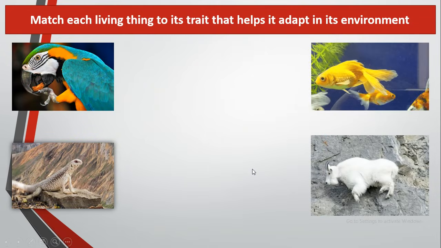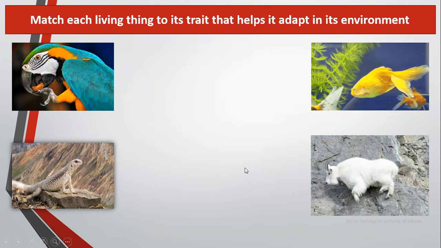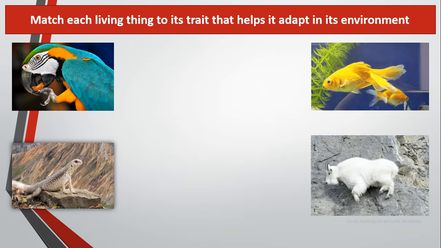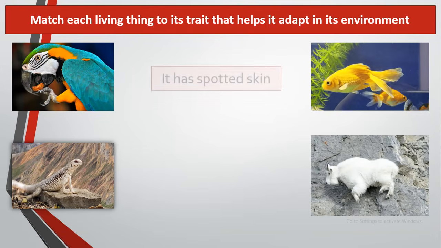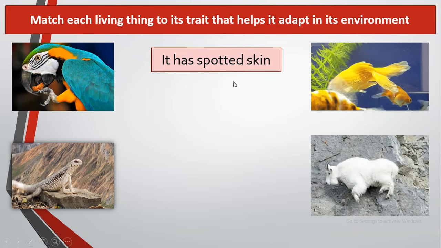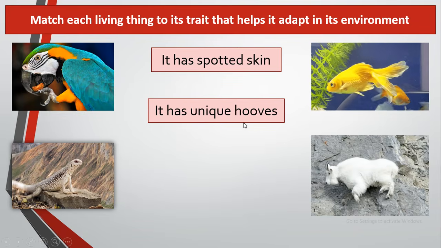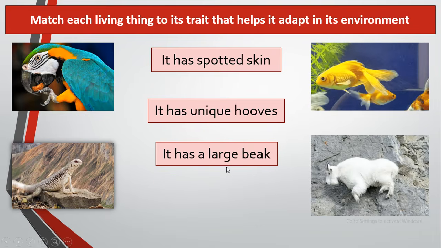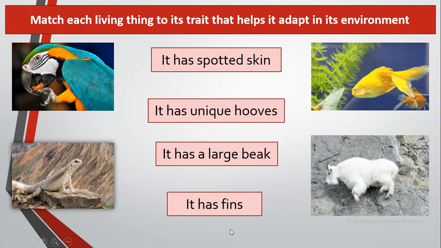Let's take this question. Match each living thing to its trait that helps it adapt in its environment or in its habitat. It has spotted skin. It has unique hooves or special hooves. It has a large beak. It has fins.